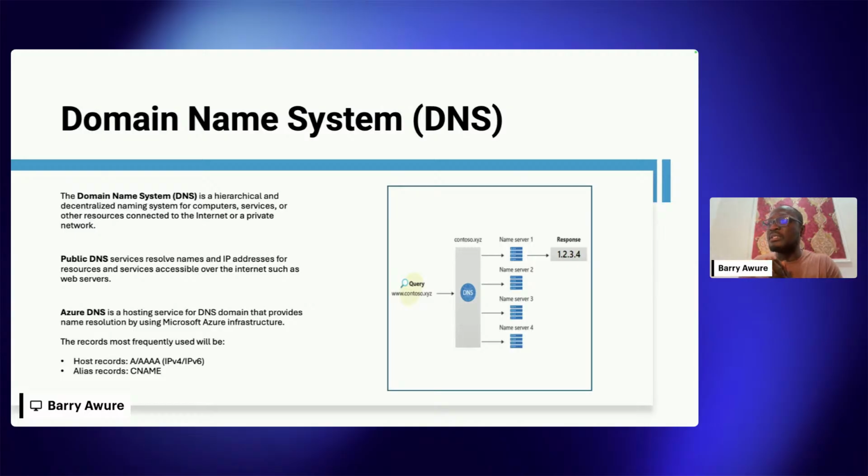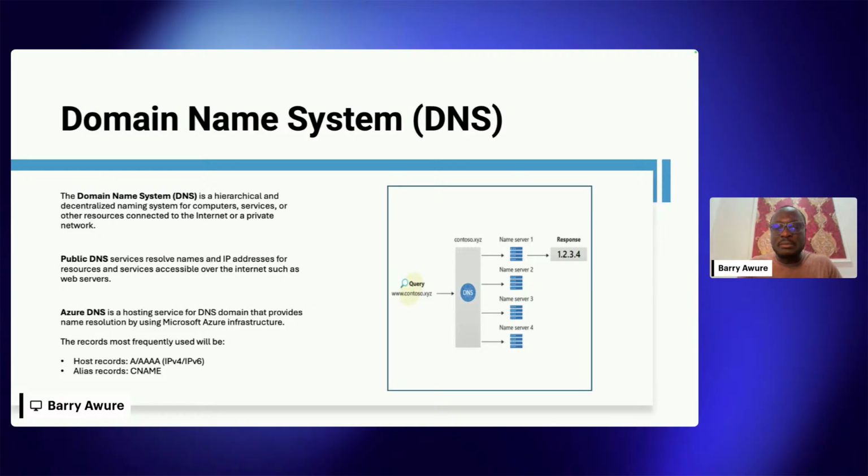So there's what we call the public DNS, which is the resolution that is done over the internet, right? Then there is also what we call the private DNS. Private DNS is resolution done within your organization that does not necessarily need internet connectivity. So something internal to you, probably your servers, your switches, your routers, your access points, your printers, the likes, right?